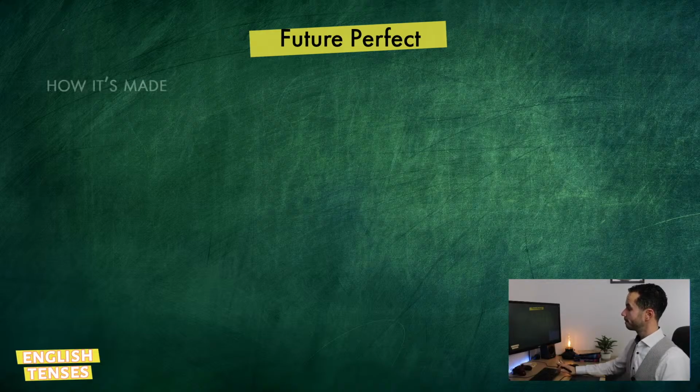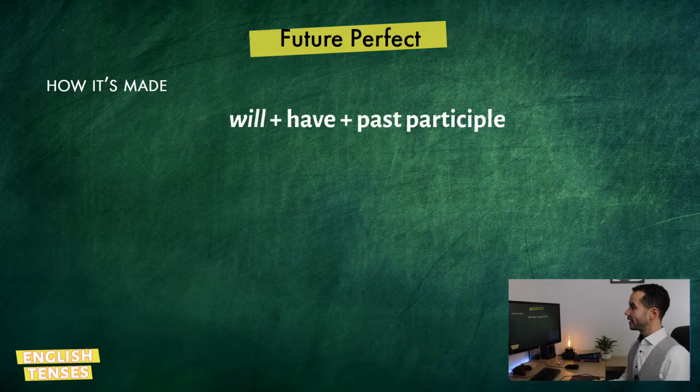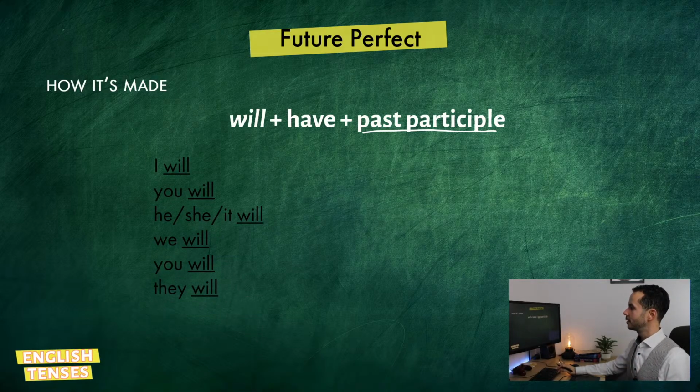Then, how do we make future perfect? Well, we have will plus have plus the past participle. Remember the past participle? Verb plus ed, or its own form. So we have I, you, he, she, it, we, you, they, all get will.